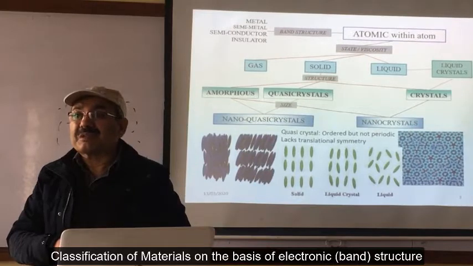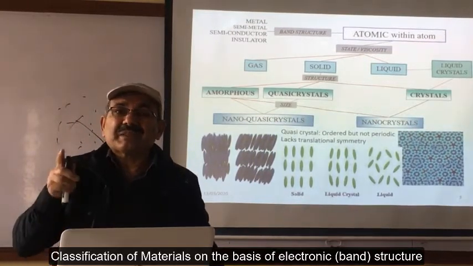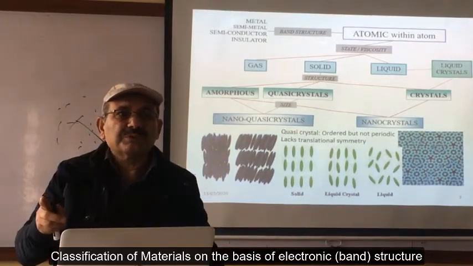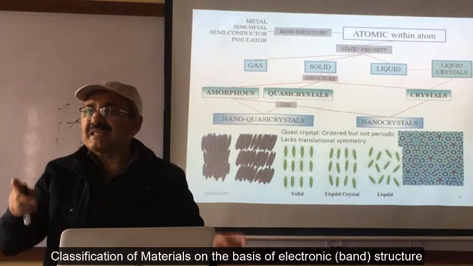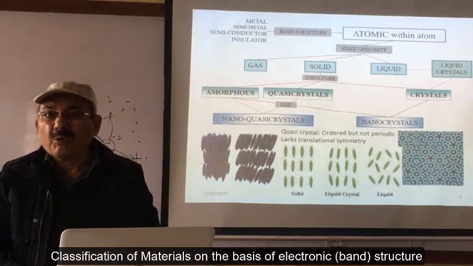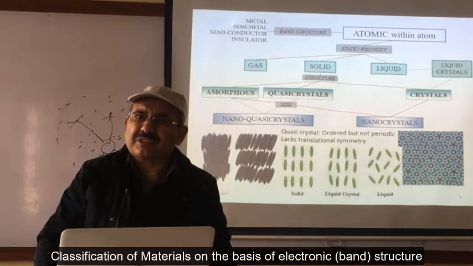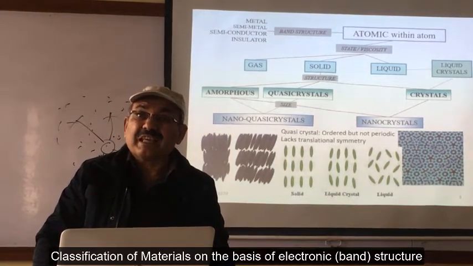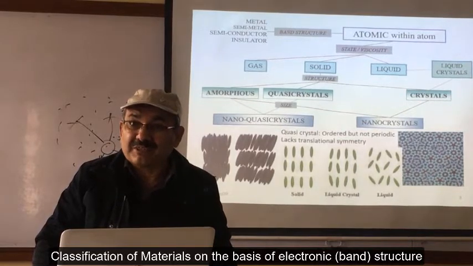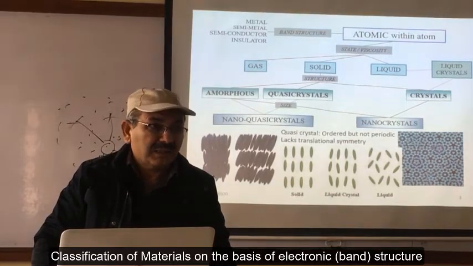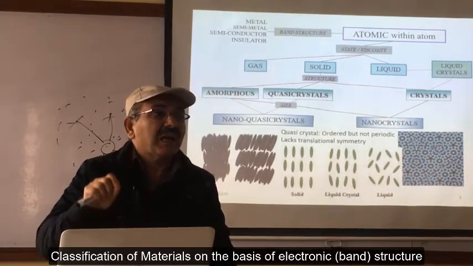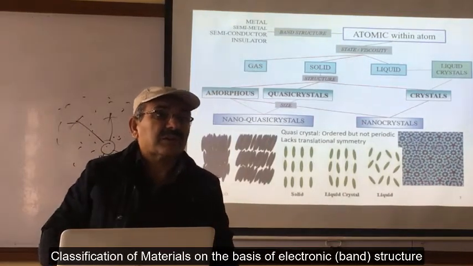But at the same time, the atom is not tightly bound. When the atom is not tightly bound, we never say it's a free electron, but we say almost free electron. Right? Free electron and almost free electron.